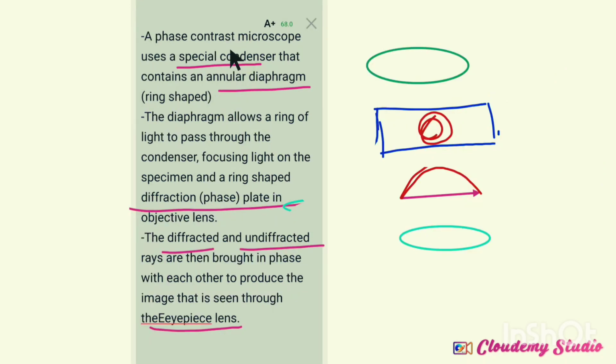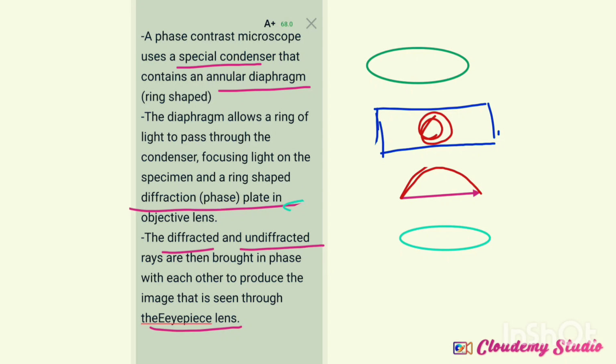A phase contrast microscope uses a special condenser that contains an annular diaphragm. This annular diaphragm is ring shaped, and we know that below the condenser there is a ring shaped annular diaphragm. The diaphragm allows a ring of light to pass through the condenser, and that light is then focused on the specimen.